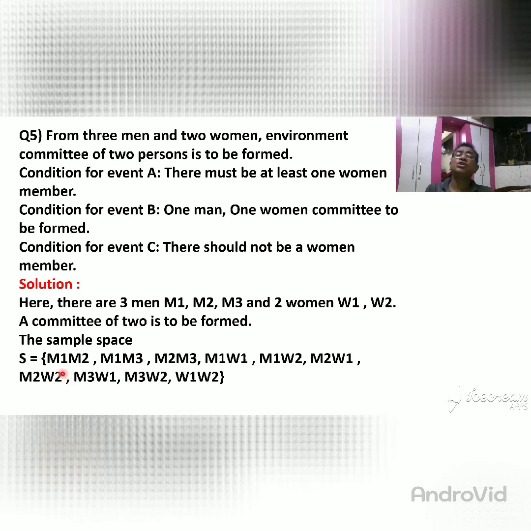First we make pairs of men: M1, M2; M1, M3; and M2, M3. This is purely the men's committee. Then M1, W1; M1, W2; then M2, W1; M2, W2; M3, W1; M3, W2; and last W1, W2.